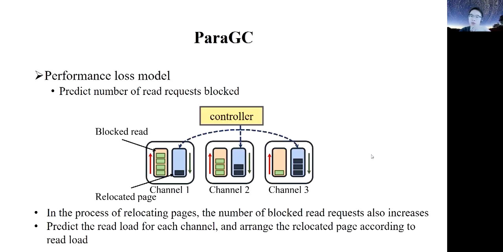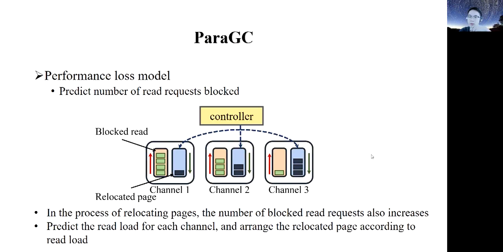To solve this problem, we construct a performance model. We know that in the process of data relocation, the number of blocked read requests on the channel is increasing. Since the access frequency of read requests on each channel is different, channels with higher access frequency generally block more read requests.